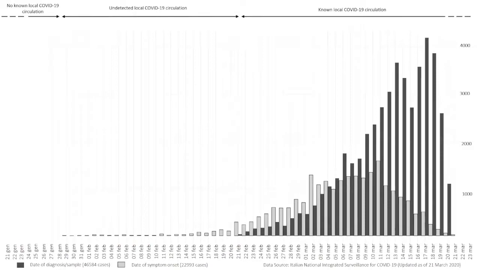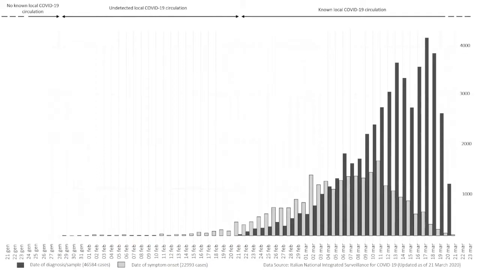The first one was a circulation that we were probably not detecting, but we had 3 cases coming from Wuhan: two Chinese tourists, and then an Italian who was transferred from Wuhan to Italy. Then we had a sort of undetected circulation with some cases that became openly detected in mid-February.